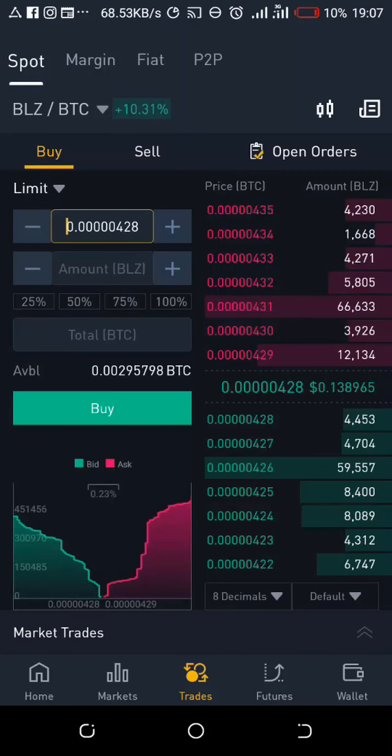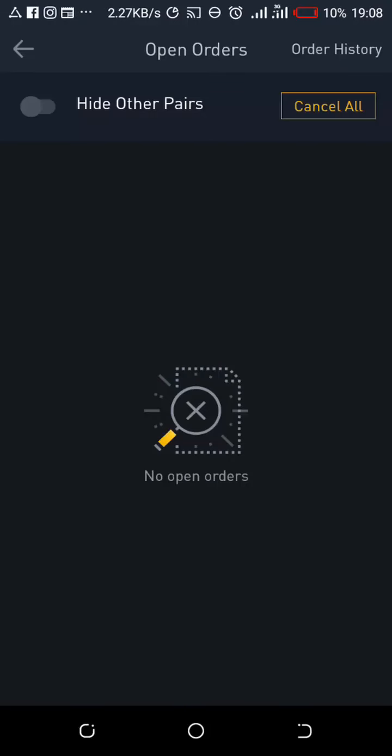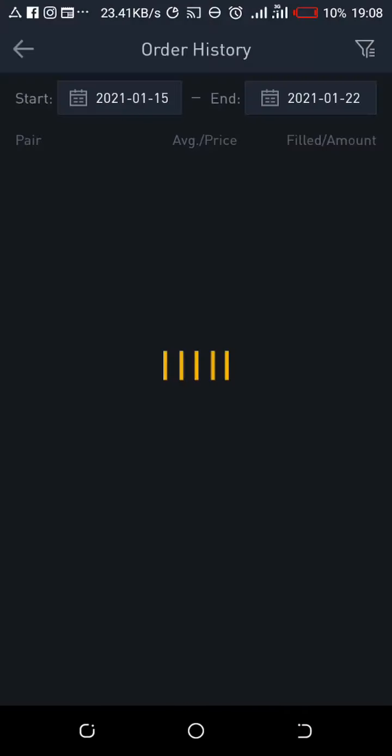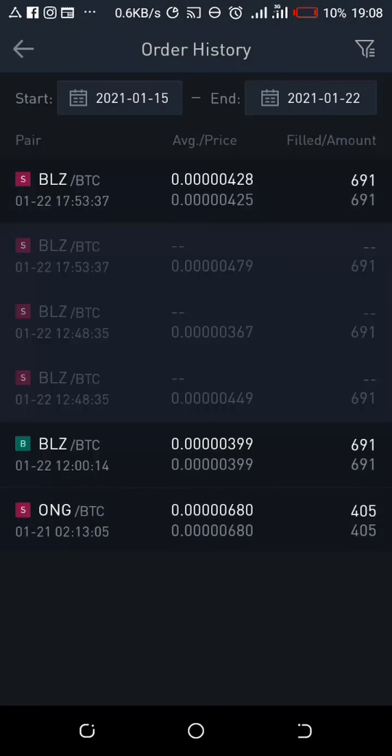Alright, we are back to check our trade. So what we are going to do, let's click on the open orders. It is empty, which means our order has been executed. Now let's click on the history and check. Alright, so if you see the first one, you see S there, BLZ in the pair of BTC.